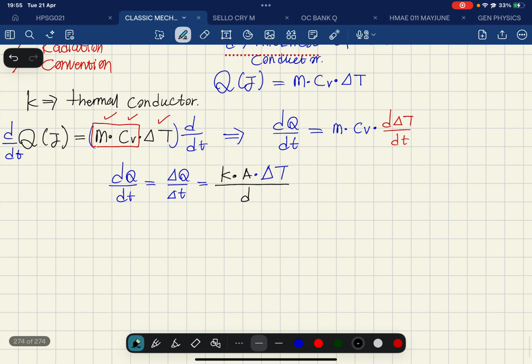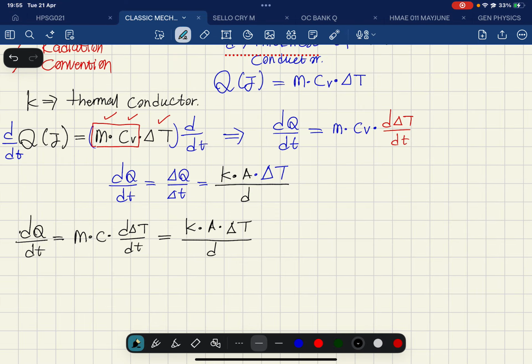So which means we now know that dQ over dt is equal to the mass multiplied by the specific heat capacity multiplied by the change in temperature over dt, which is also equal to K, the thermal conductivity, A, the area, the change in temperature, all divided by the distance D, or the thickness.